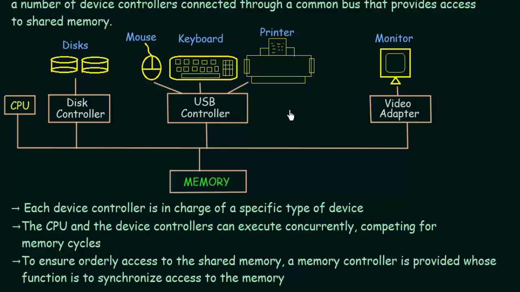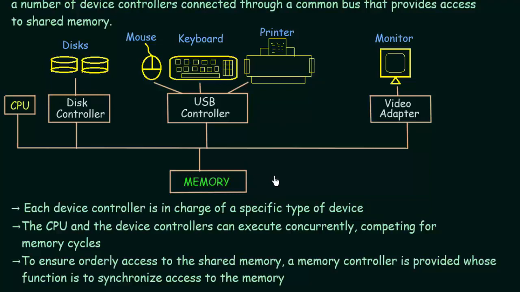Now in order to make all this work seamlessly without any lag or problems, what do we need? To ensure orderly access to the shared memory, a memory controller is provided whose function is to synchronize access to memory. As I already told you, all these devices need access to the memory because they have to be loaded into memory in order to work.